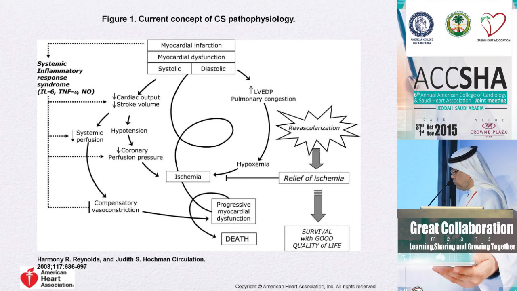What we're trying to do is interrupt this cycle by doing some sort of revascularization. Hopefully we'll relieve the ischemia, and by relieving ischemia, hopefully we can interrupt this cycle of continuous cell damage and progressive myocardial dysfunction and eventually death.